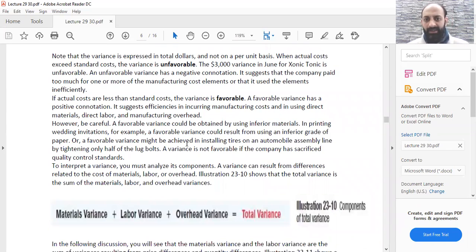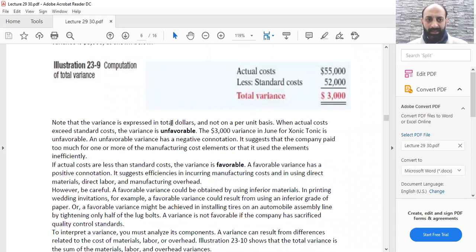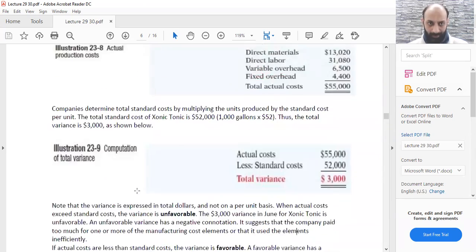Now we will discuss this concept of variance in detail with respect to direct materials, direct labor, and manufacturing overhead. So we discussed that when we computed the total material cost, we figured out that the difference was 3,000 and the actual cost was in fact greater than the standard cost.